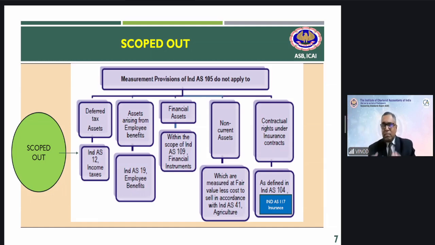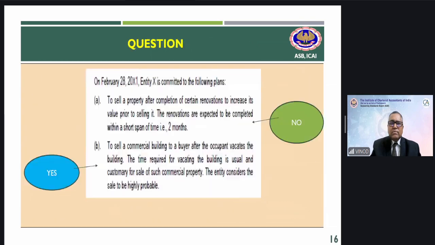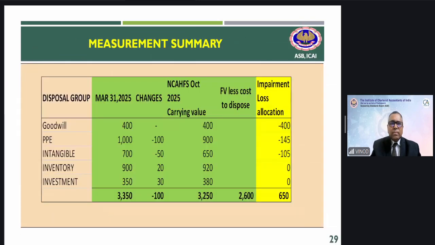This was scoped out. But when we are selling it as a disposal group, what happens? You will have non-current assets and current assets and liabilities, etc. When you have disposal groups, you will have goodwill, PPE, intangibles, inventory, investments. So you will have non-current assets, financial assets, all kinds of assets in that, other assets also.